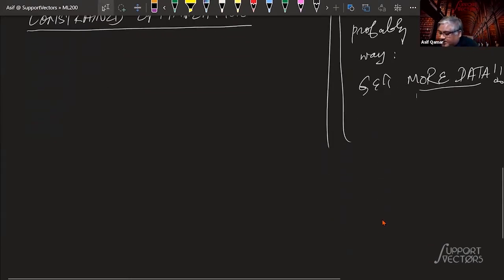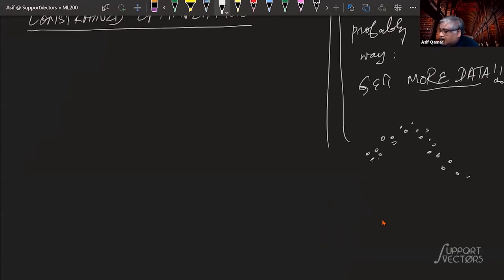Suppose you have points like this. Lots and lots of data. I'm not making enough dots, but imagine that this is very densely packed with data here. Then the curve that tries to overfit won't get enough flexibility.